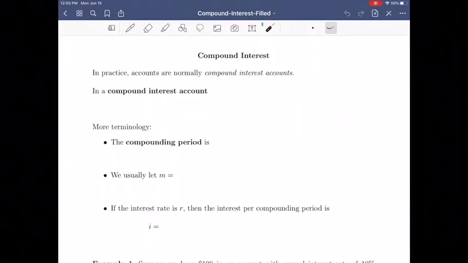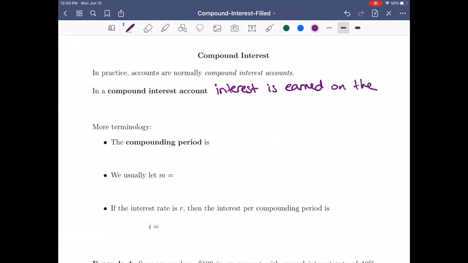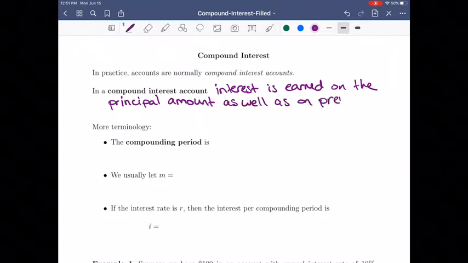In this video, we're going to talk about a slightly more complicated but more regularly used interest account, compound interest. So in a compound interest account, interest is earned on the principal amount as well as on previously accrued interest.